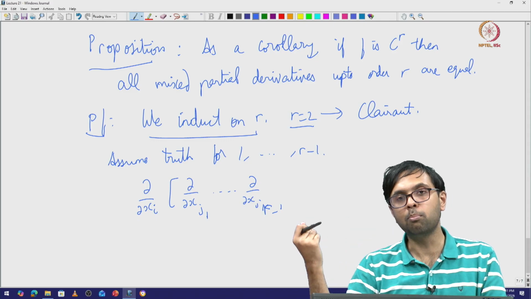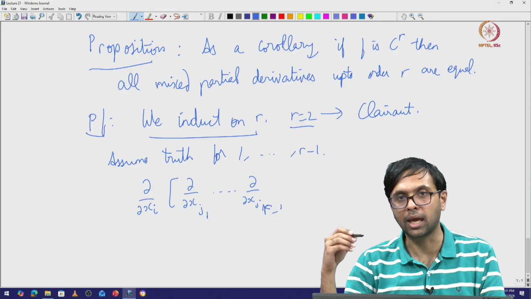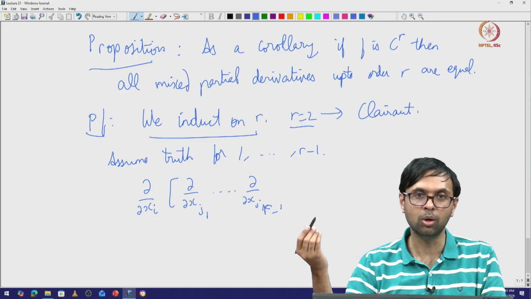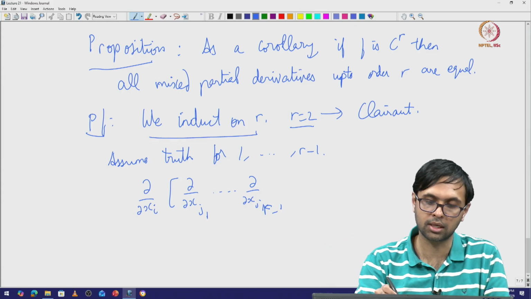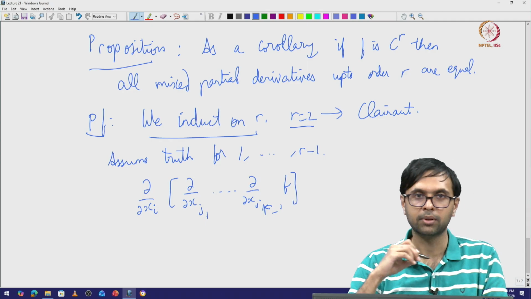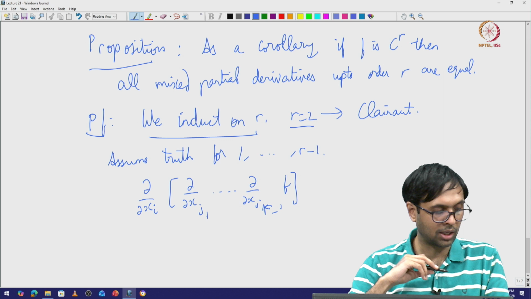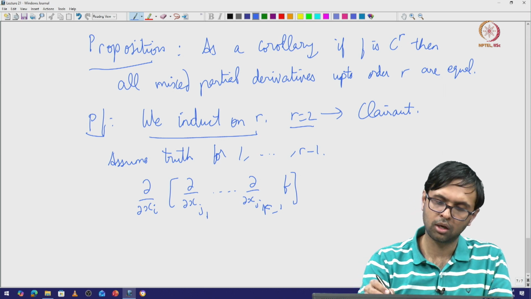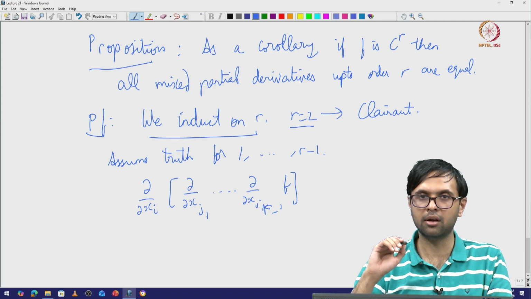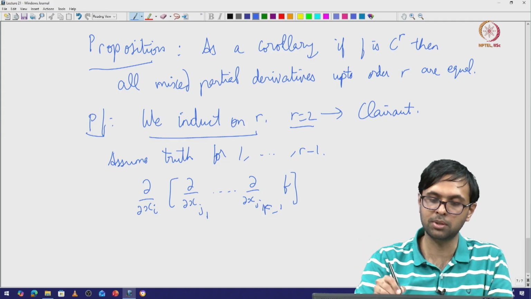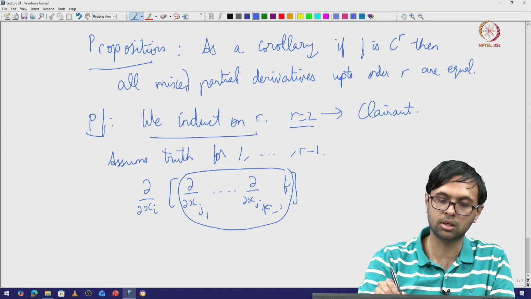So all mixed partial derivatives up to order r minus 1 are equal anyway. So the only thing that is new is looking at a mixed partial of order r, namely things like this. If you want to look at these sorts of mixed partials of order r, what can we say about them? This is a C^r function, which means if you take any order r minus 1 partial, it is C1.